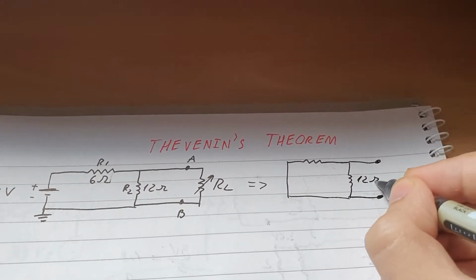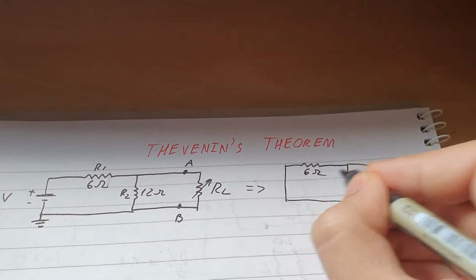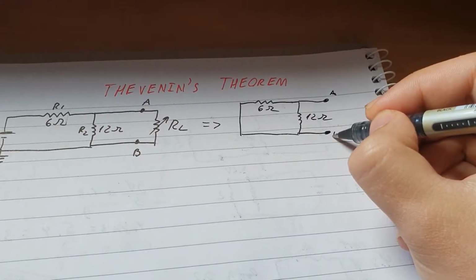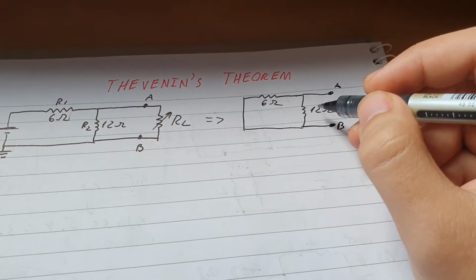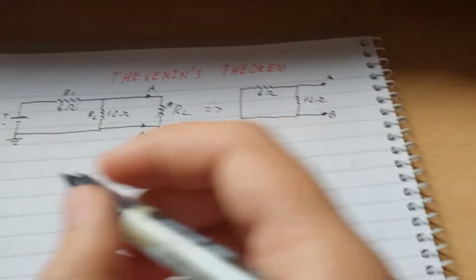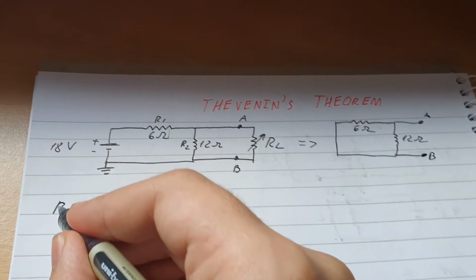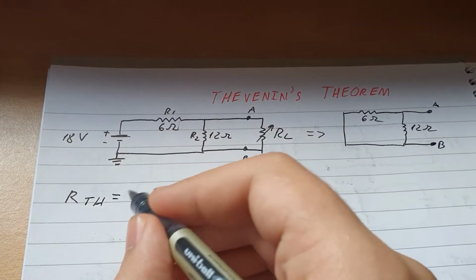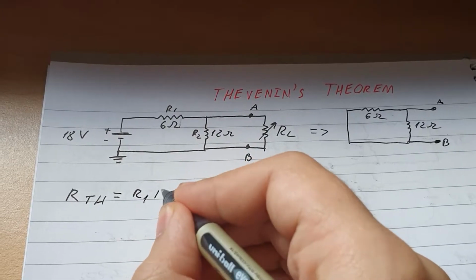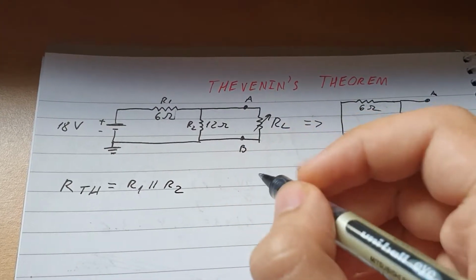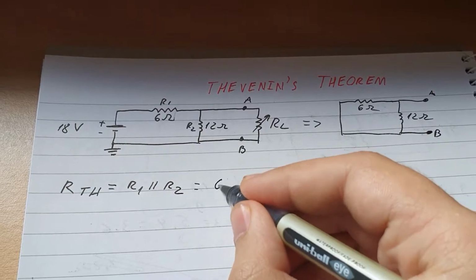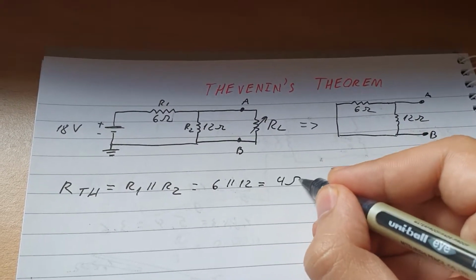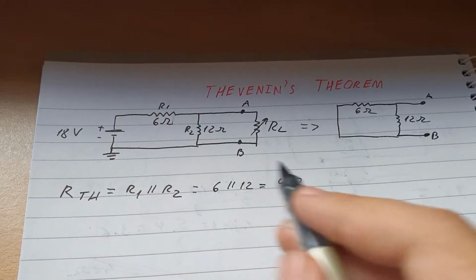This is 12 ohms and this one is 6 ohms. Now we can calculate the total resistance, which we'll call RTH. That will be equal to R1 in parallel with R2, which is 6 in parallel with 12, equal to 4 ohms. So RTH is equal to 4 ohms.